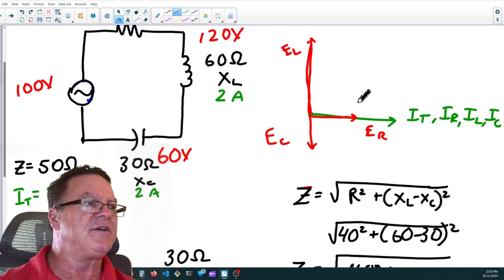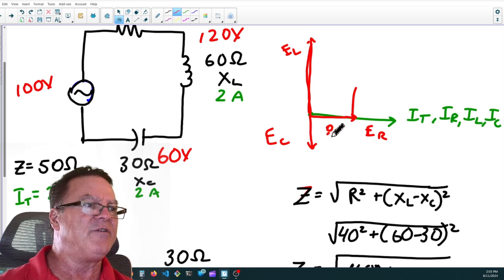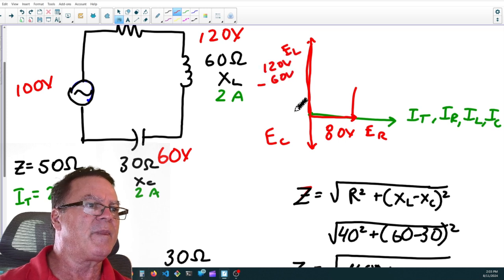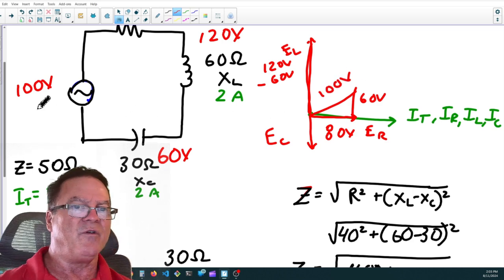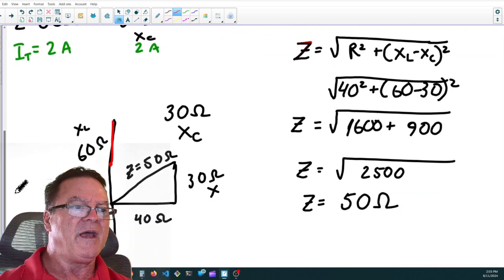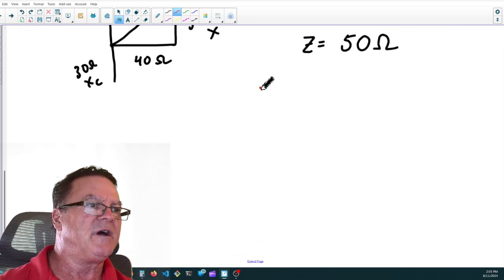So here's that vector right here. So here's where we have the 80 volts, and we have 120 volts minus 60 volts equals 60 volts. And our hypotenuse ends up to be 100 volts. And we can find that, boy, this is a long page.